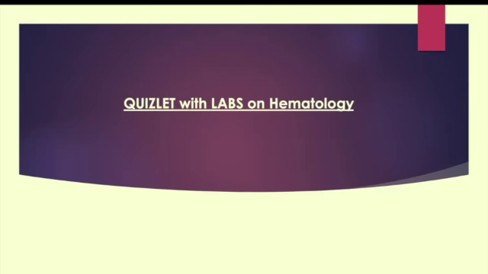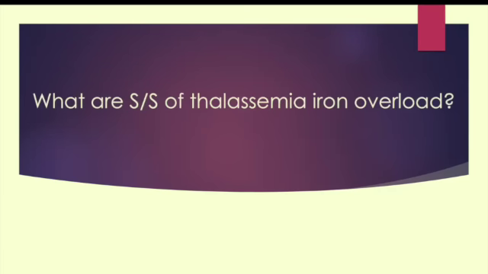So here are some labs on hematology. What are the signs and symptoms of thalassemia iron overload? This is a very good question, because you can't give iron to thalassemia patients. It's not that they don't have any iron.